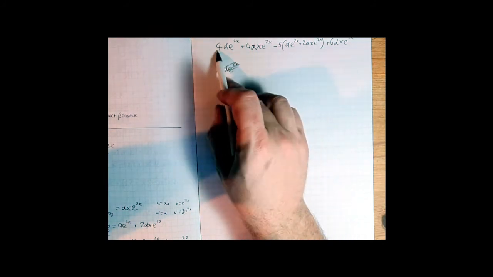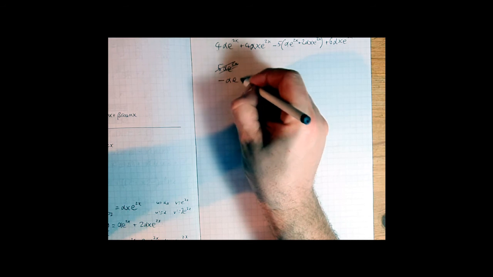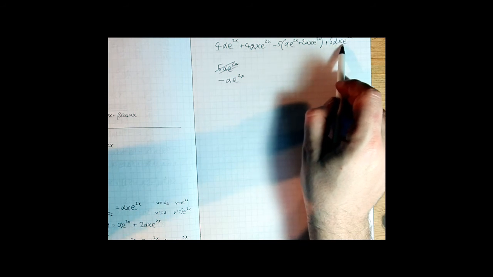So let me do that again. 4 alpha e to the 2x minus 5 alpha e to the 2x. So that's minus alpha e to the 2x. I've got 4 alpha x e to the 2x minus 10 alpha x e to the 2x plus 6 alpha x e to the 2x. That's 0, so it works.